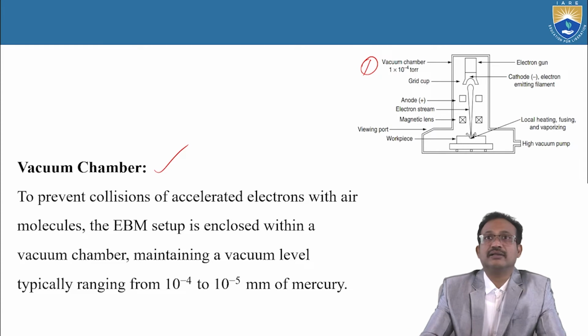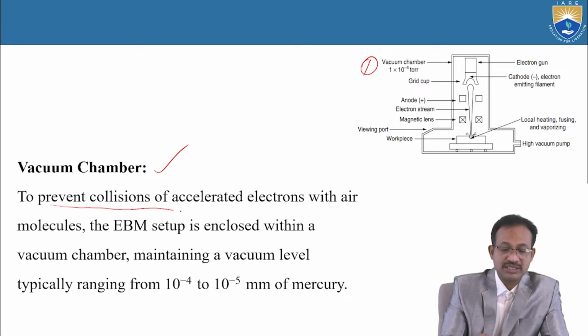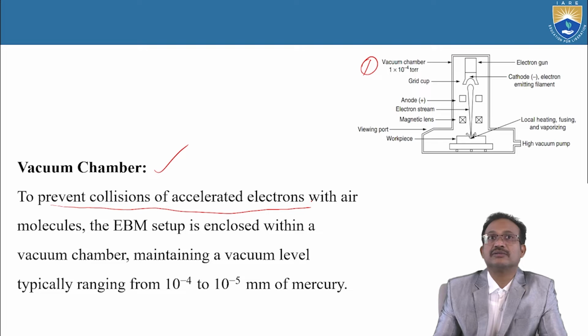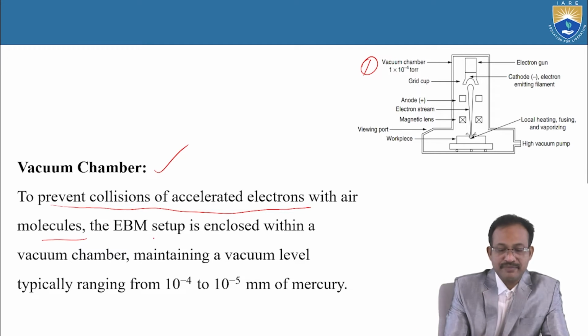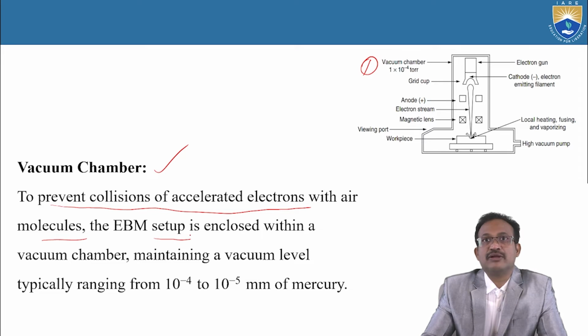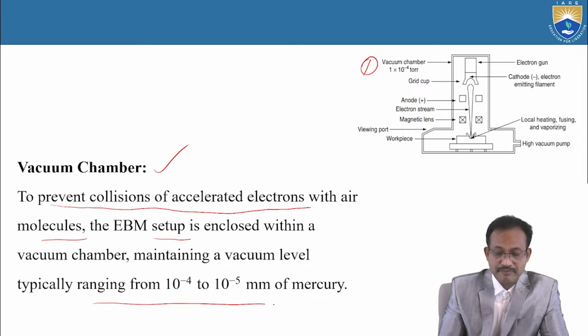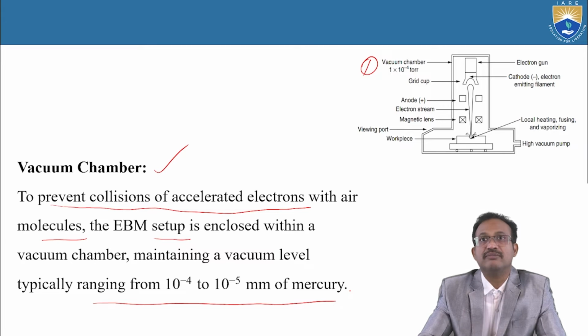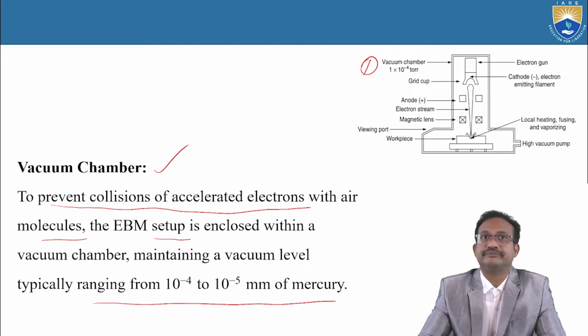To prevent collisions of accelerated electrons with air molecules, the EBM setup is enclosed in a vacuum chamber, maintaining a vacuum level typically ranging from 10 power minus 4 to 10 power minus 5 mm of mercury, that is, 10 power minus 4 torr.